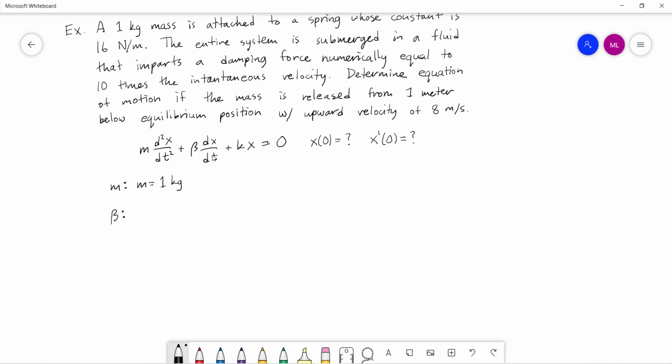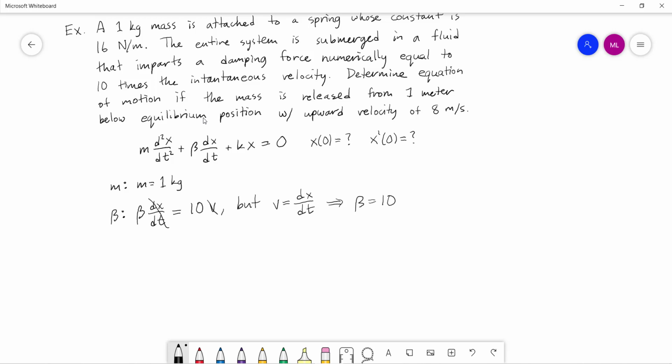So what it's telling me is that this term, the damping force, beta dx/dt, should be equal to 10 times the current velocity. But the velocity is dx/dt, so I can cancel that on both sides, and we find that beta is equal to 10.